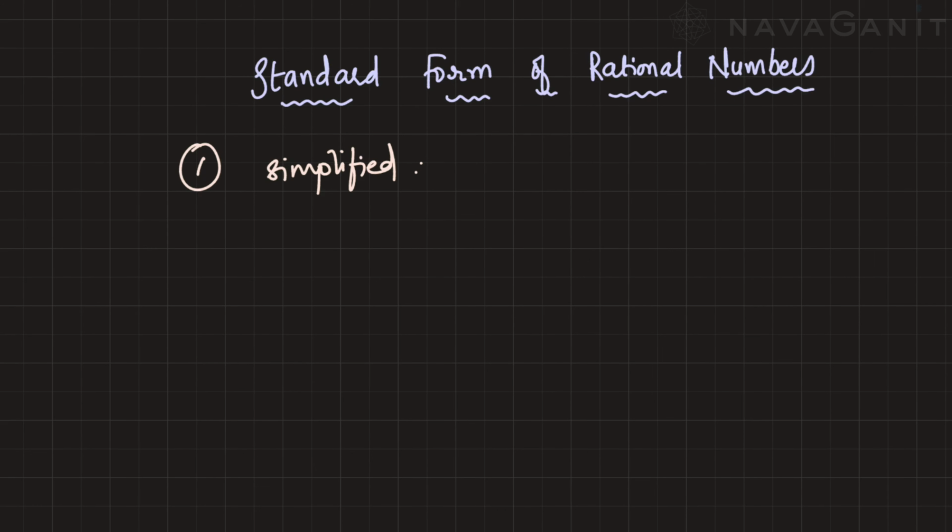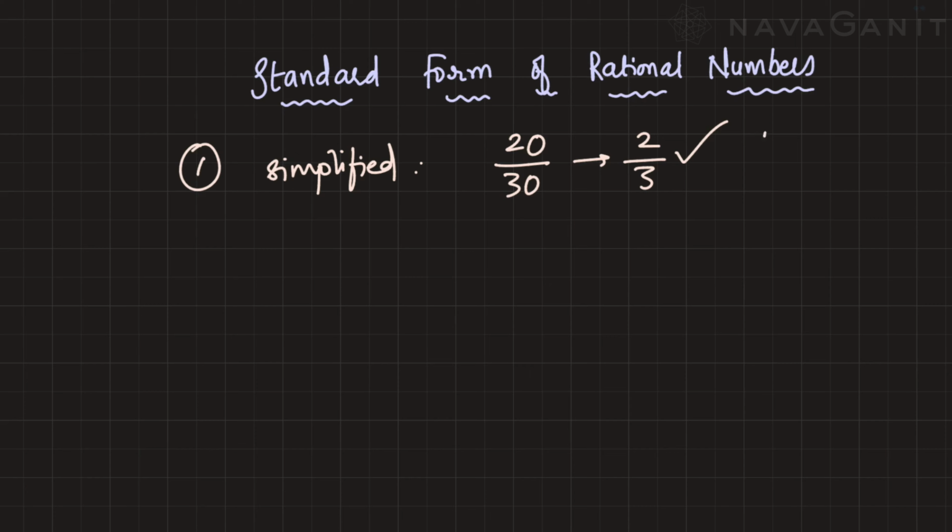For example, 20 upon 30 simplifies to 2 by 3. Now we can see that 2 and 3 have no common factor other than 1. In other words, 2 and 3 are coprime, in which case we say that this is the simplest form. So the first criterion is that it should be simplified.